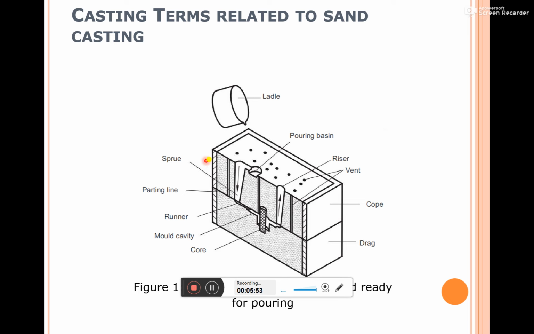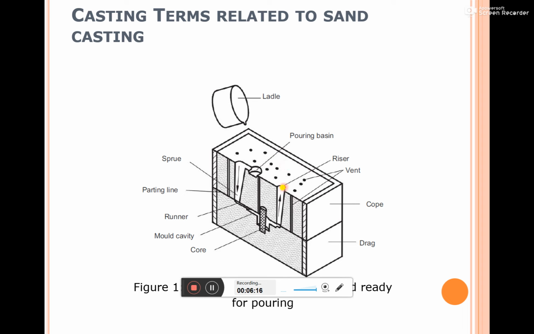But we already mentioned that for manufacturing any product, we require a mold. There are temporary molds and permanent molds. In the sand casting process, we produce the mold by using sand, so it is a temporary mold.